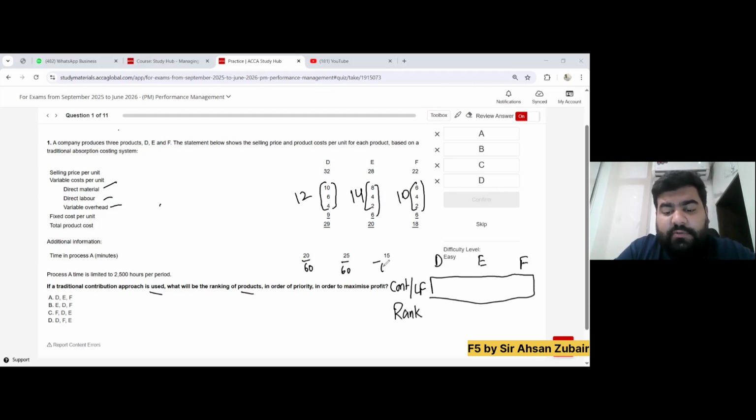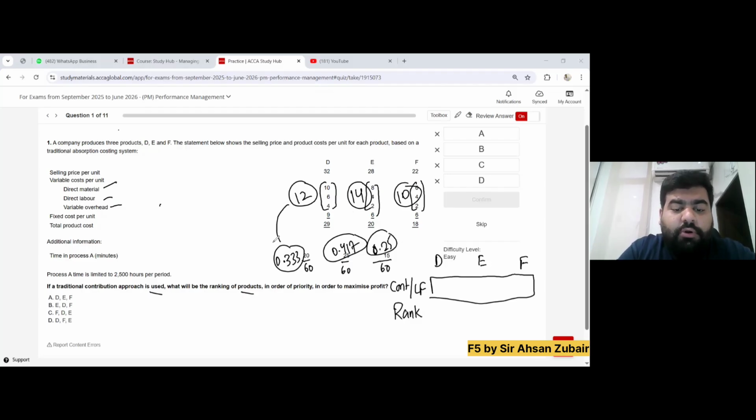That gives 0.333, 25 divided by 60 is 0.417, and 15 divided by 60 is 0.25. These are the contributions for all products and these are the limiting factor per unit, so we divide contribution by the limiting factor.